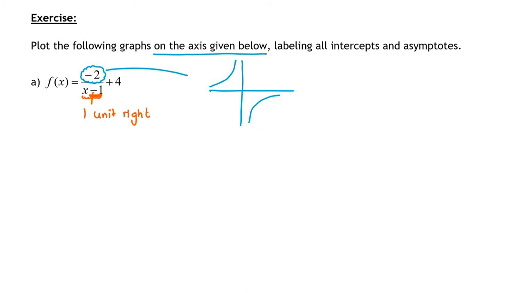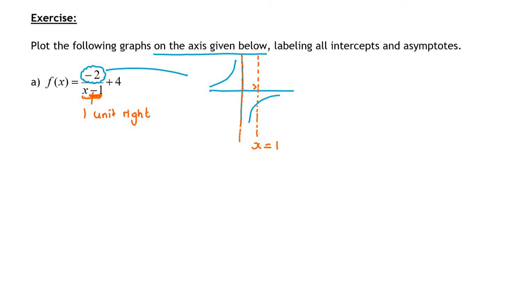Now, if it moved 1 unit right, it means that this vertical asymptote, which should have been at x is 0, now moves 1 unit right, and it's going to land up at x is 1. Now, we'll discuss that again in a second, but hopefully you're convinced that the original function would have had a vertical asymptote at x is 0, and so if everything moved 1 unit right, your asymptote moves 1 unit right.